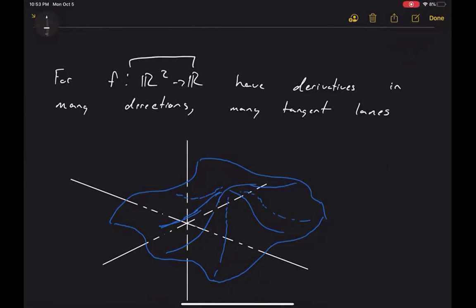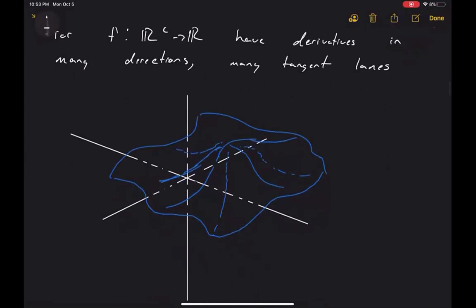So let's consider a multivariable function, and for the sake of simplicity, let's consider a function of two variables, f from R2 to R. Let's just assume it's differentiable. Remember, these derivatives aren't always going to exist, but let's assume this is a very nice function and it's got derivatives in all directions. Something like this could have lots of derivatives.